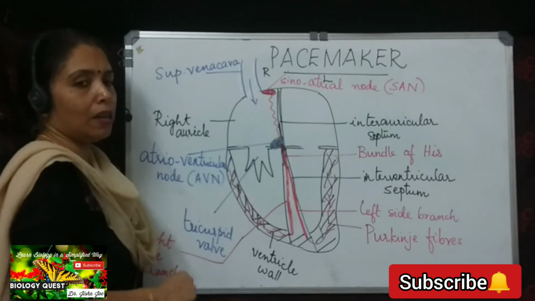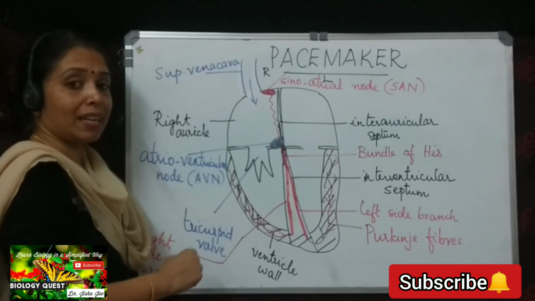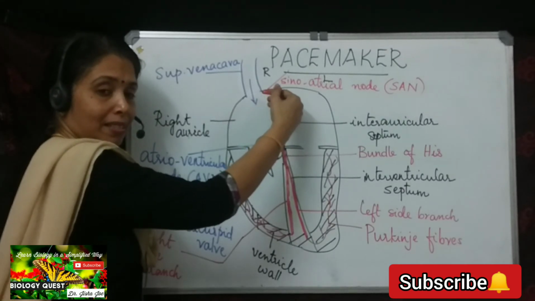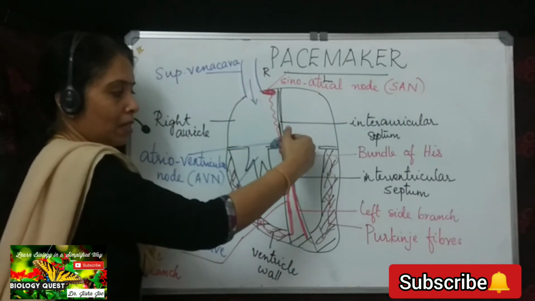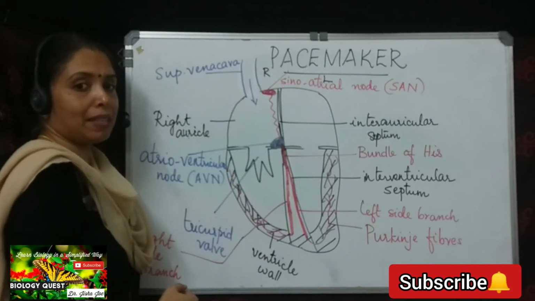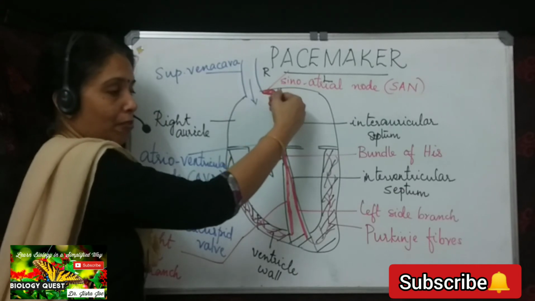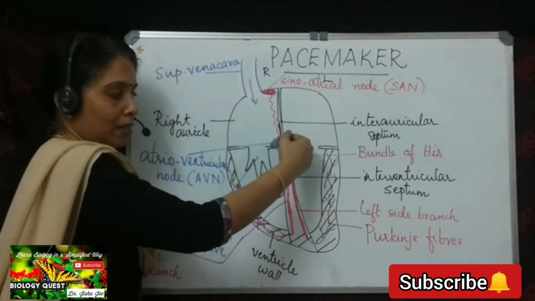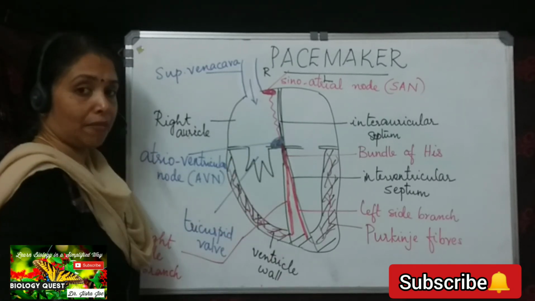So that is the location. What is the function of the AVN? It carries the impulses transmitted from the SAN or the pacemaker to the bundle of His. That is the function of the AVN.